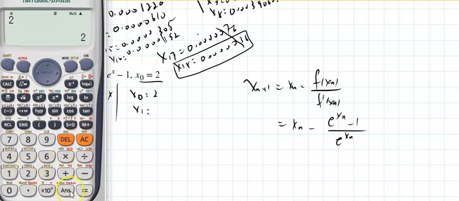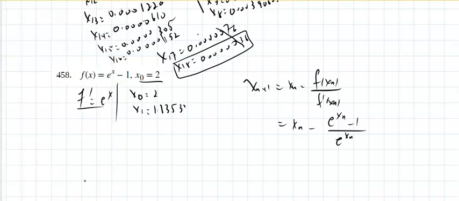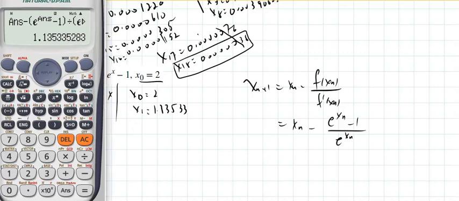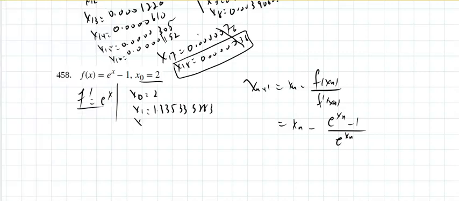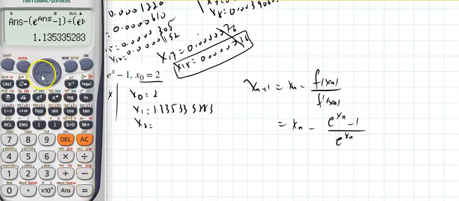And if I go in and I say, let's take that answer minus parentheses, the exponential raised to the answer, minus 1, divided by the exponential raised to the answer. And that's 1.135, 1.13533, 1.135335283.